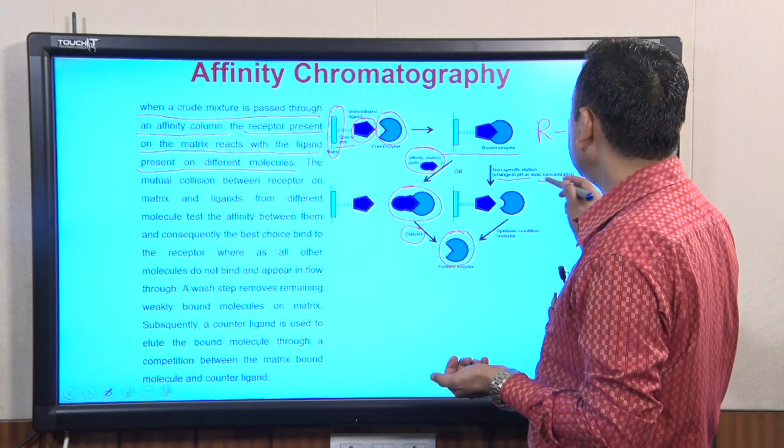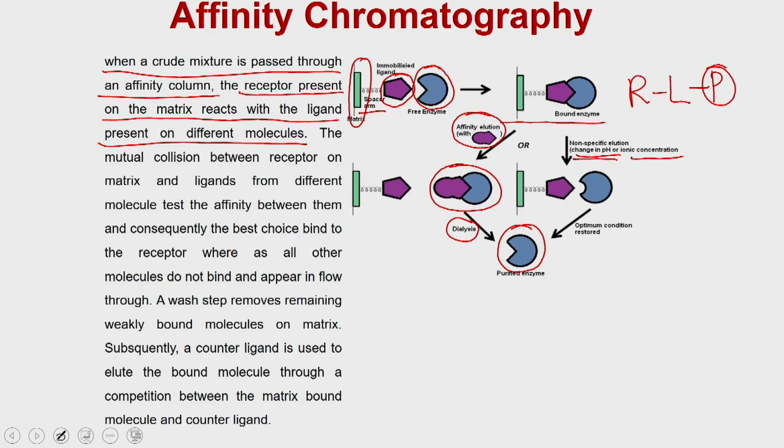So, these interactions could also be sensitive to the change in pH or the ionic strength. If you change the pH or the ionic strength, you could be able to break the interaction between the receptor ligand complexes, and that will give you the free protein or free enzyme, and that is how you can also get the purified enzyme.